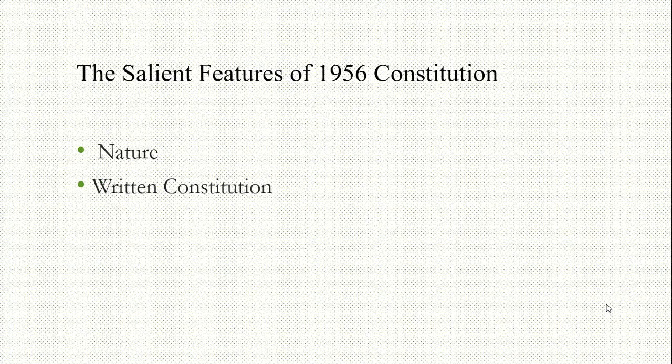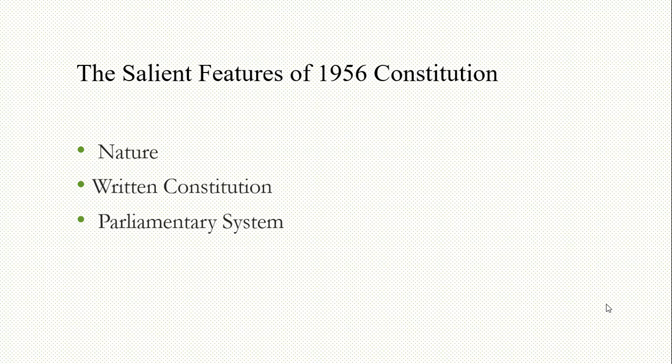The 1956 Constitution consisted of 13 chapters, 234 articles and 6 schedules, and it was a written constitution. Parliamentary system: executive authority was vested in the president, who exercised it on the advice of the prime minister, except in the matters where he had discretion. So the president had ceremonial functions and exercised limited power.